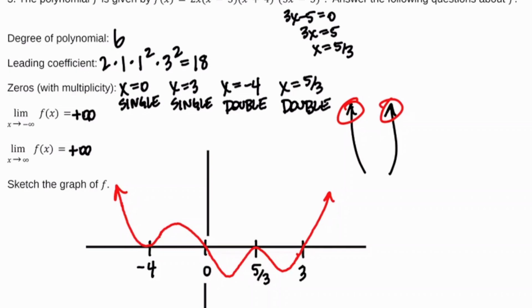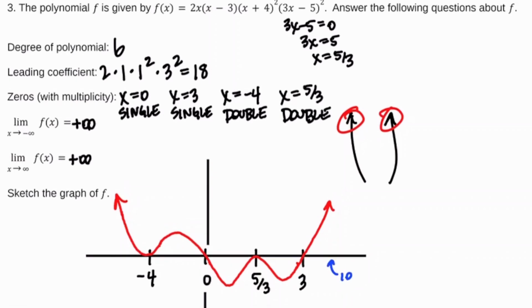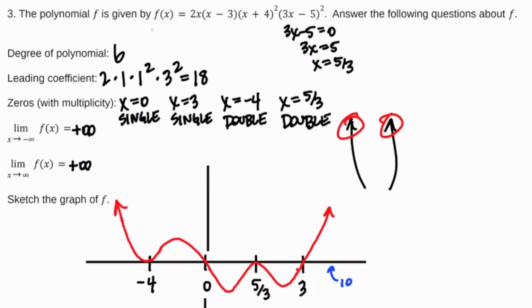Okay, but what we could also have done is chosen a test point out here, like x equals 10. When x equals 10, f of 10 is 2 times 10 times 10 minus 3 times 10 plus 4 squared, that's definitely positive, and 30 minus 5 is 25. If I square that, that's certainly positive.